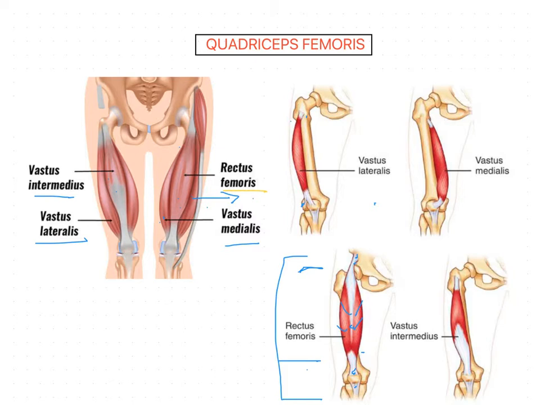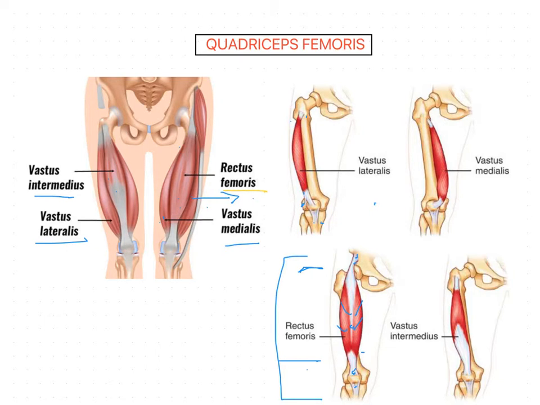These are the insertions, and this one is also supplied by the femoral nerve. The branch which supplies the knee joint also supplies the vastus lateralis. It helps in extension of the knee joint, in standing, walking and running.